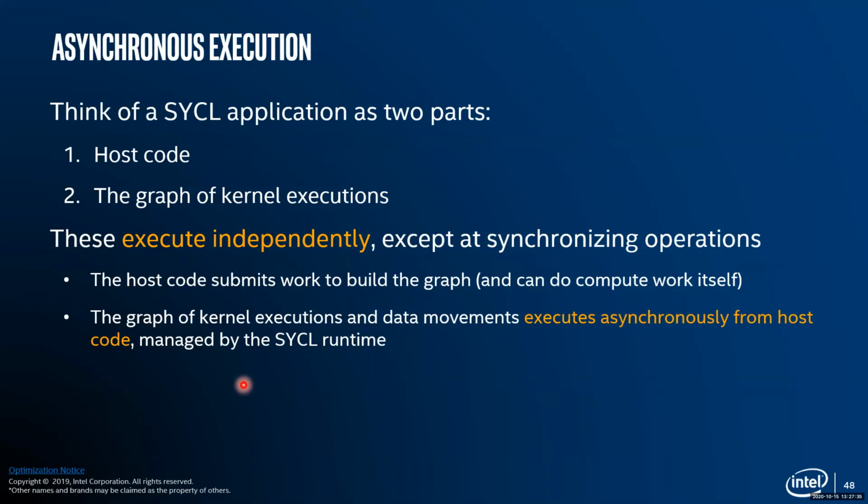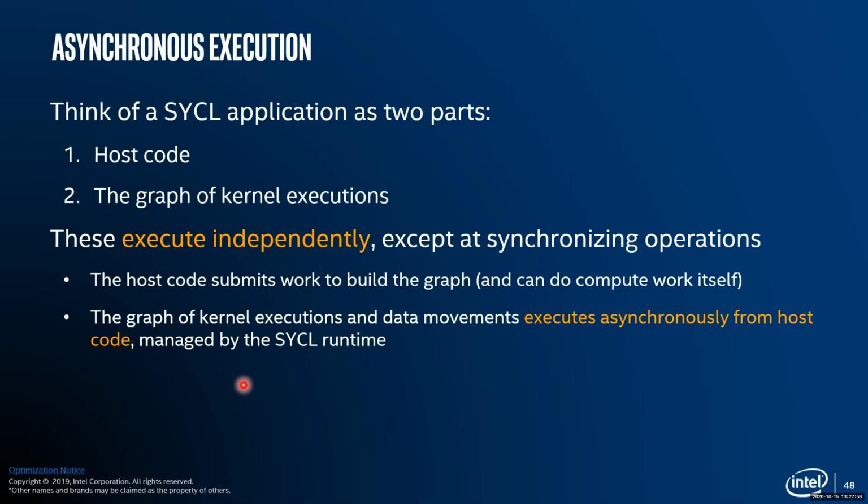So I was talking about asynchronous execution, right? In a SYCL application, think of SYCL as having two parts. The first is the host code that we have seen, and the second is the graph of the kernel executions. I was showing the data dependencies graph.